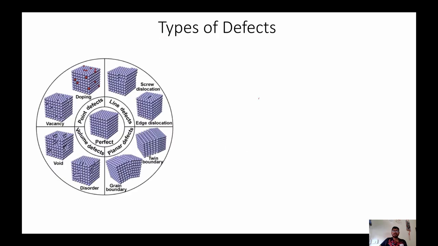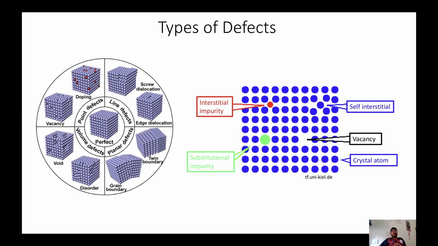As I told you, there are various types of defects: point defects, line defects, volume defects, and planar defects. But for the diffusion process or ion implantation process, we are interested in point defects only. For doping we are interested in this one.